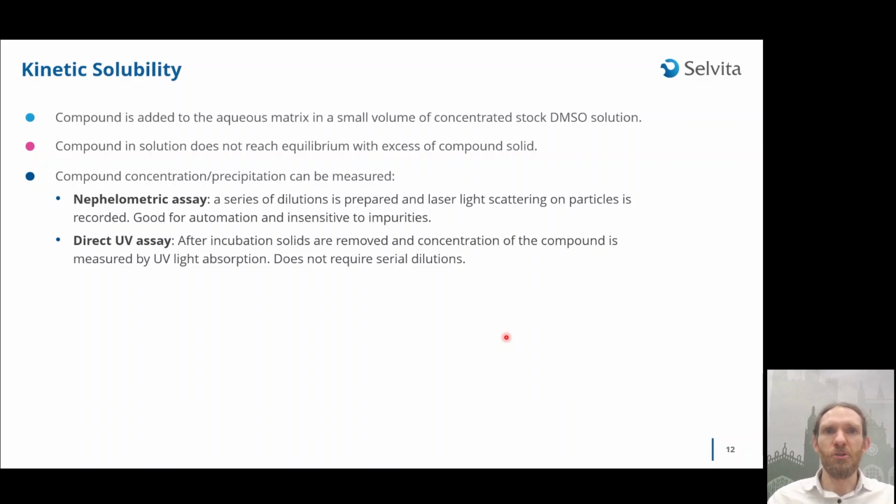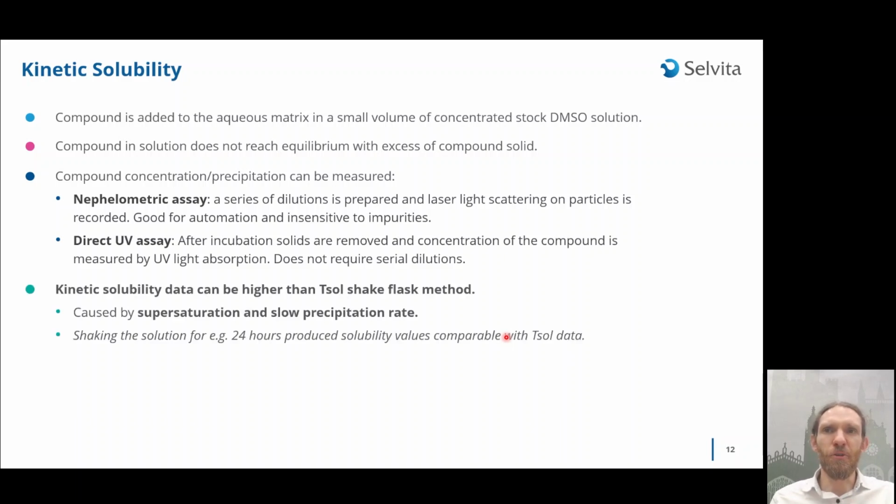After short incubation, solids are removed and the concentration of the compound is measured by UV light absorption. It does not require serial dilutions. In the first case, we have these serial dilutions, and with increased concentration of a compound, we finally reach a concentration that will cause precipitation, and that will be detected by this laser light scattering.